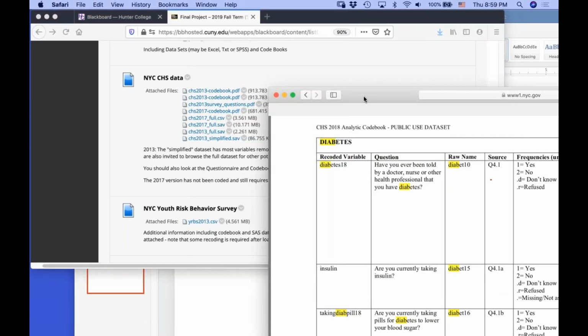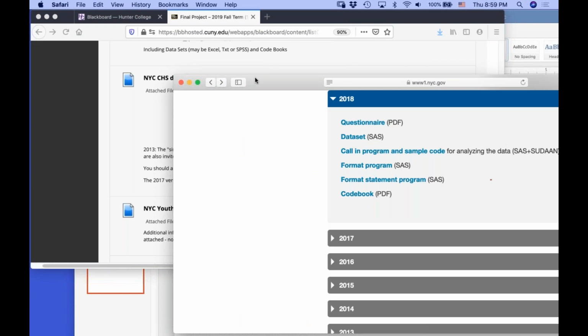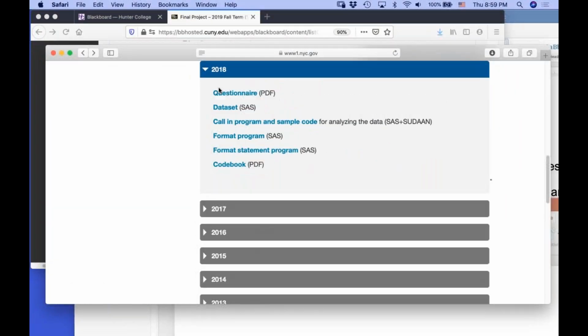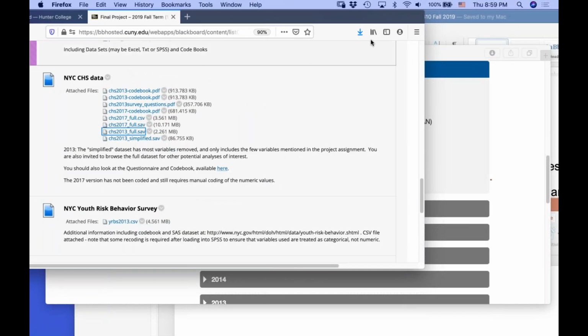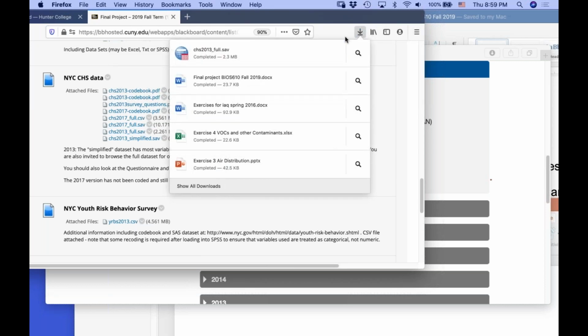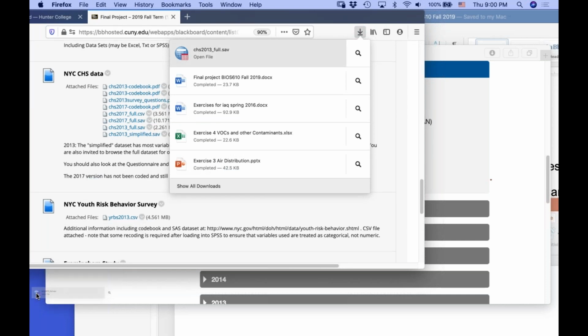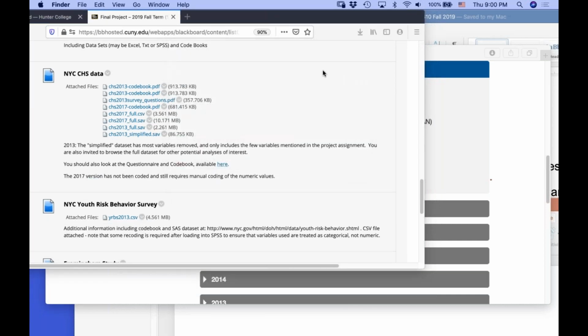That's from Blackboard. Now you'll notice that on their actual website I can go in and get the data set itself. But the data set is a SAS file, a different program than SPSS. However, you can import SAS files into SPSS. So I just downloaded it. There it is, Community Health Survey 2013.sav. Let me make sure it's on my desktop.